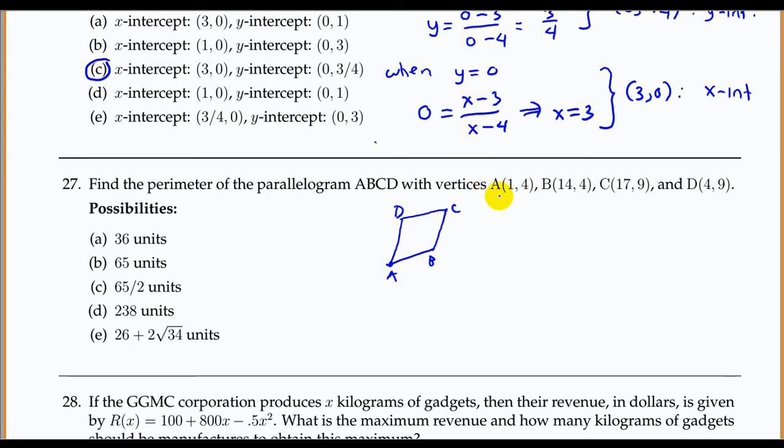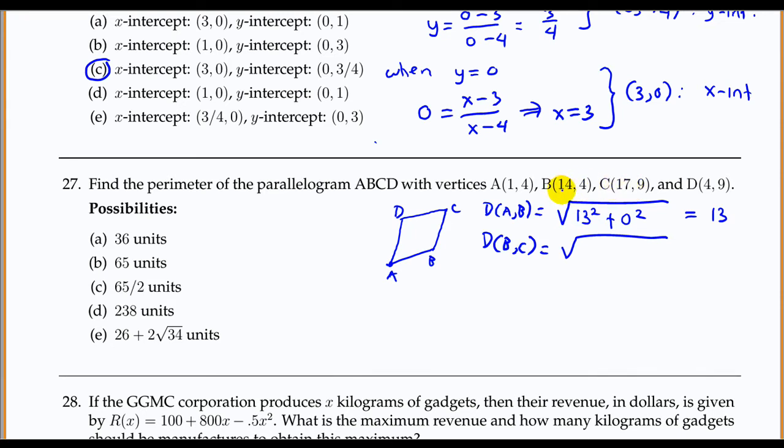So the distance from A to B is square root of 14 minus 1 squared, 13 squared, plus 4 minus 4 squared, 0 squared. So it is 13. The distance from B to C is equal to square root of 17 minus 14 squared.